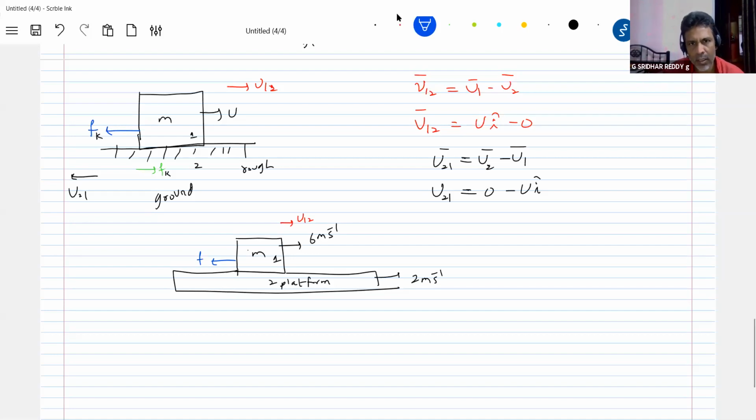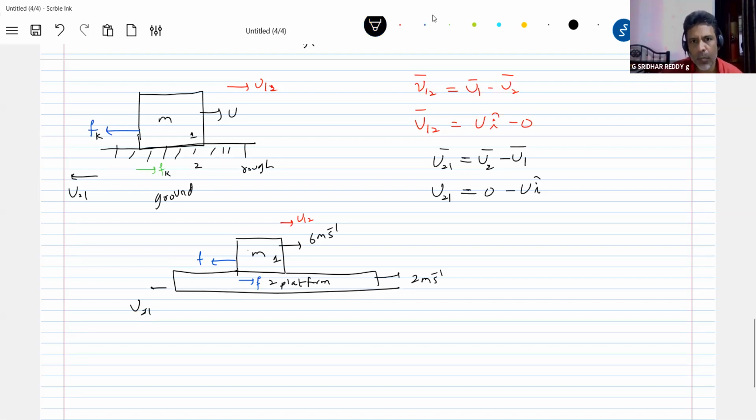Then the velocity of the platform with respect to the block will be in this direction, U21. Then the friction on the platform should act in this way. This is the direction of friction.